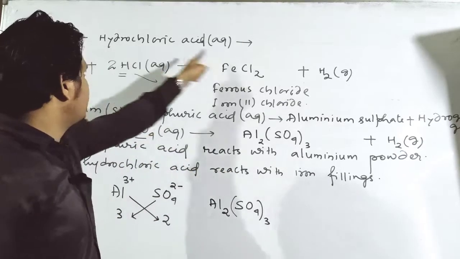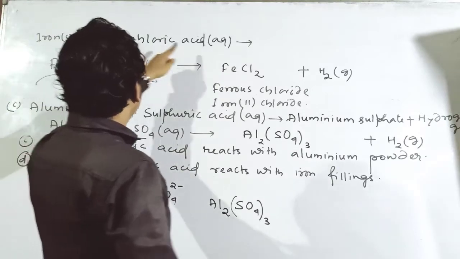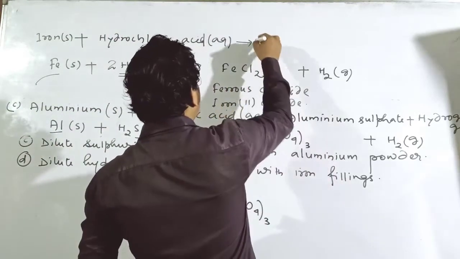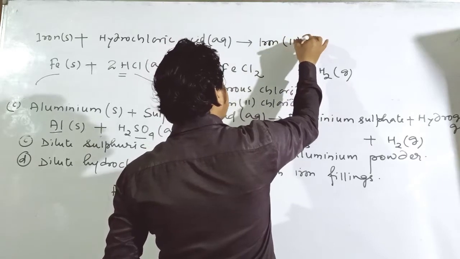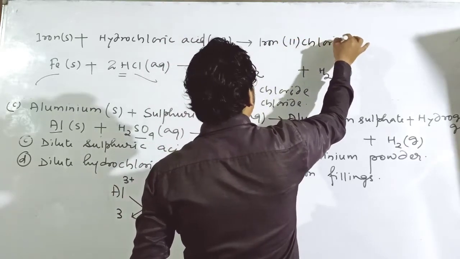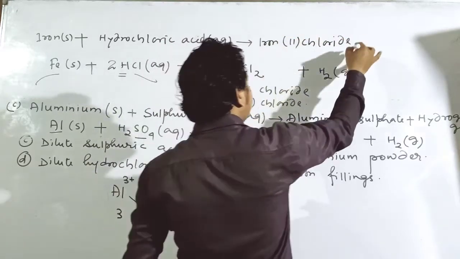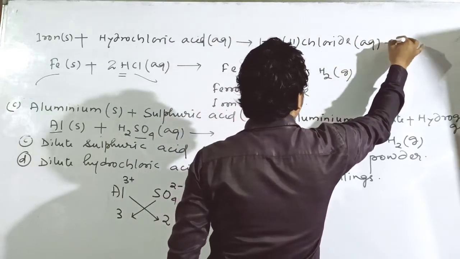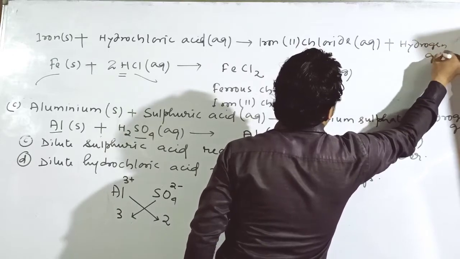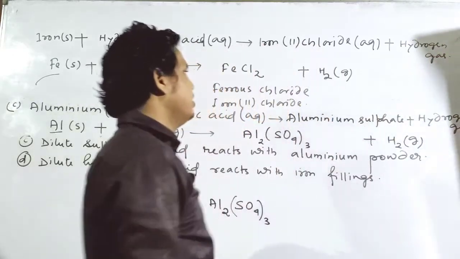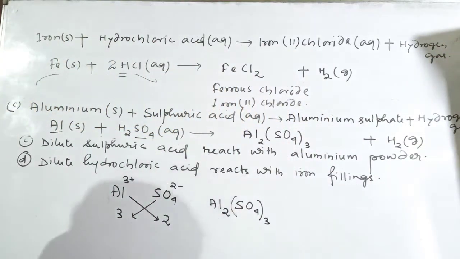So write the word equation: iron plus hydrochloric acid will produce iron 2 chloride, or you can simply write iron chloride, in water, as well as hydrogen gas. So this will be our answer.